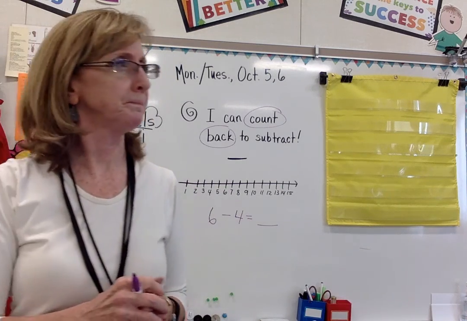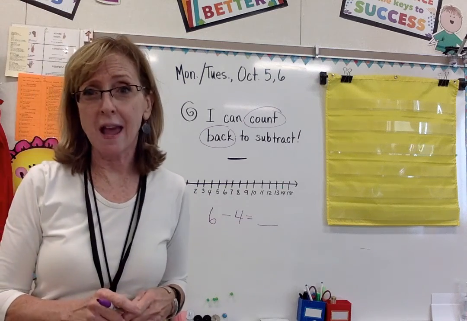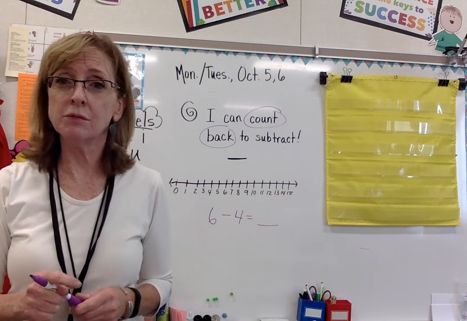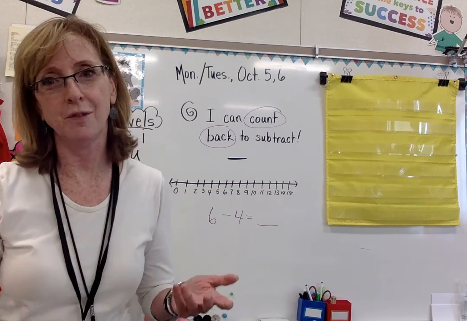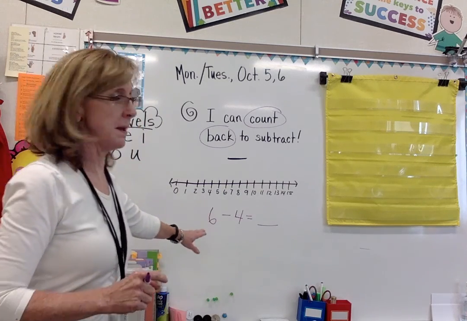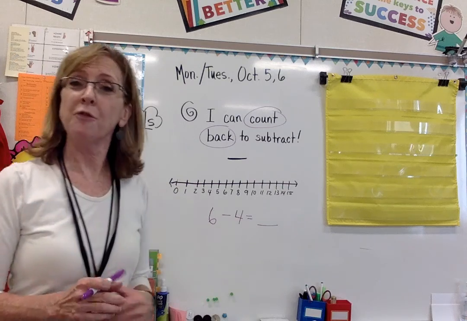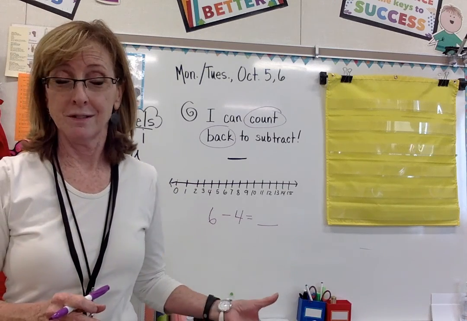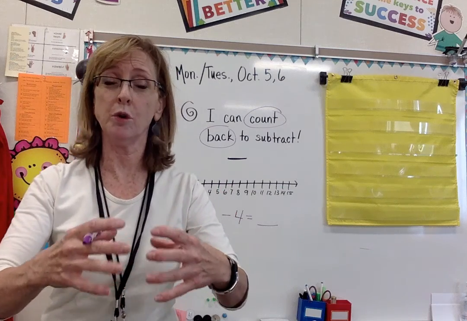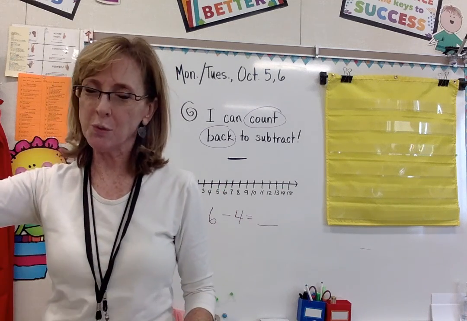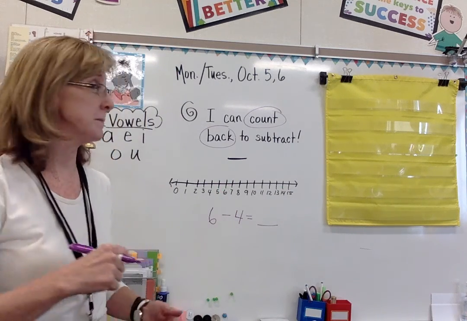For instance, let's say that one day into my yard there were 6 horses. I love horses, right? So 6 horses came into my yard, and then 4 of them left. Okay? 4 of them went away. So I had 6, a whole group. 4 of them went away, and I want to find out how many are left in my yard.